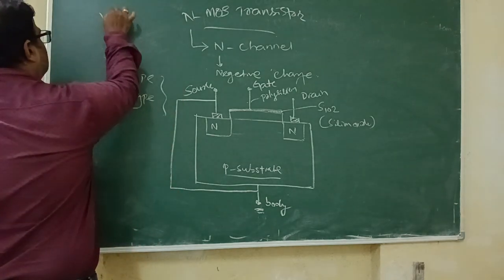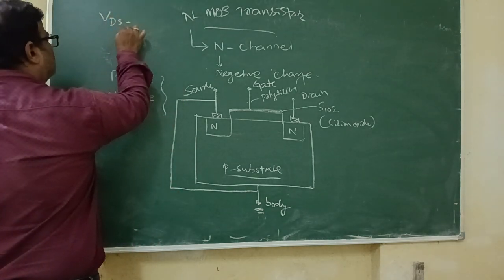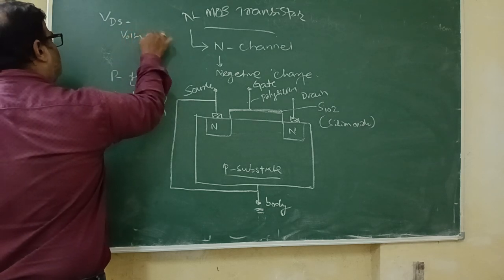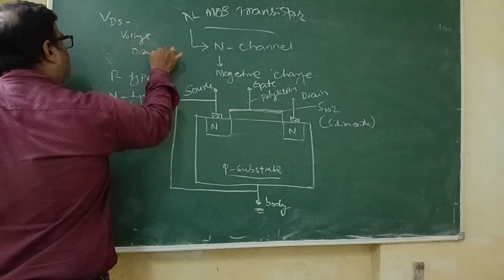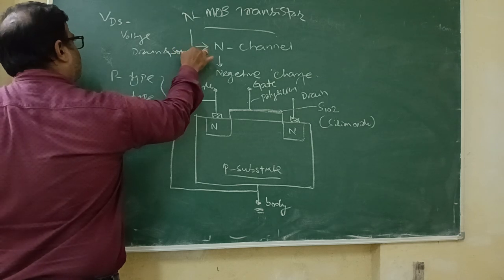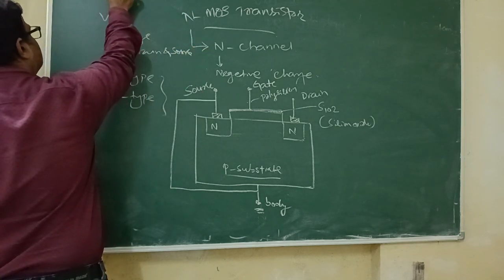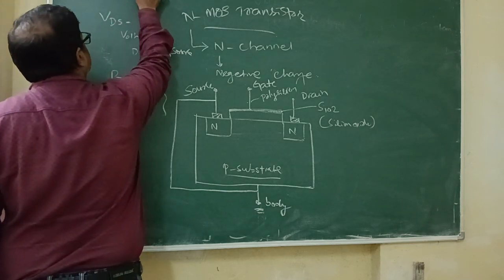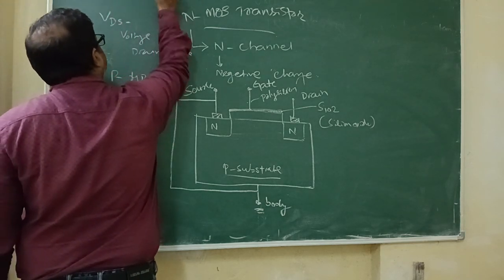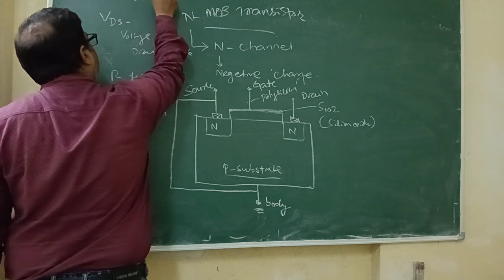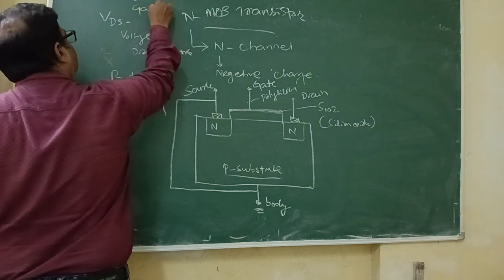One is VDS voltage, that is voltage between drain and source, and again there is a voltage that is known as VGS voltage, that is voltage between gate and source.